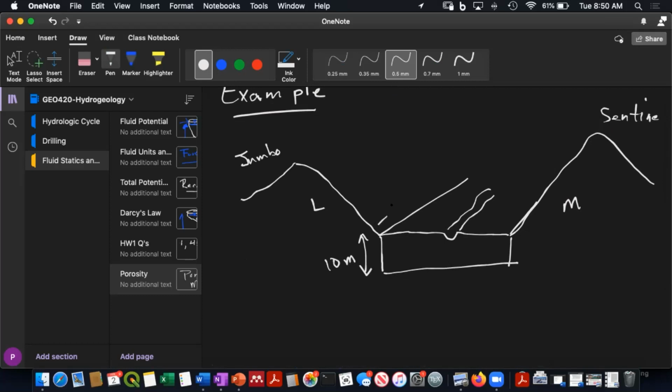And then the Hellgate Canyon is about 3 kilometers or 3,000 meters long. And it's about 300 meters wide.